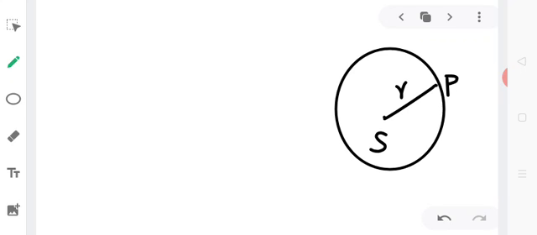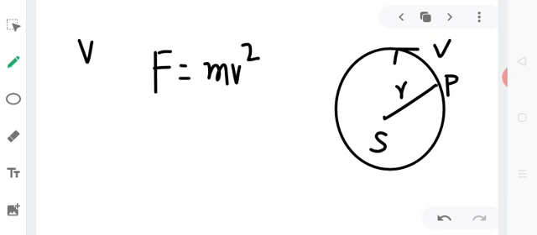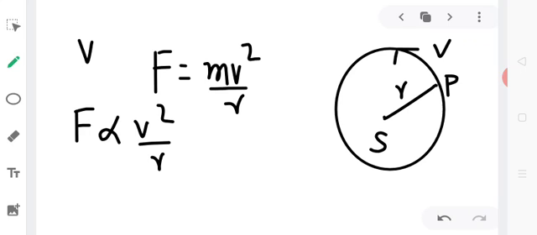Suppose the orbital velocity is v and the radius of the orbit is r. Then the force acting on an orbiting planet will be given by F equals m v squared by r, that is the centripetal force. As m is constant, we can write F is proportional to v squared by r. Mark it as equation 1.